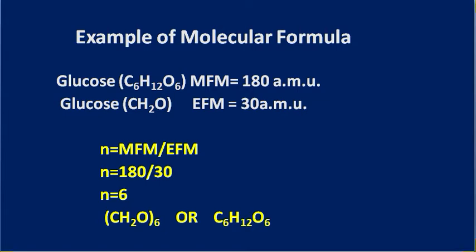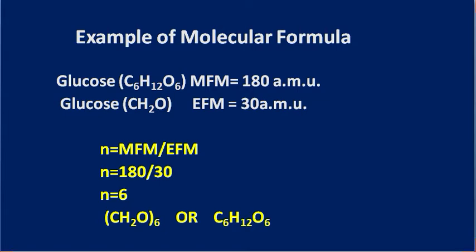So glucose: the MFM, molecular formula mass, is 180 AMU, right? If we see 6 carbon atoms, one carbon is 12, and 6 times 12, so how many? 72.